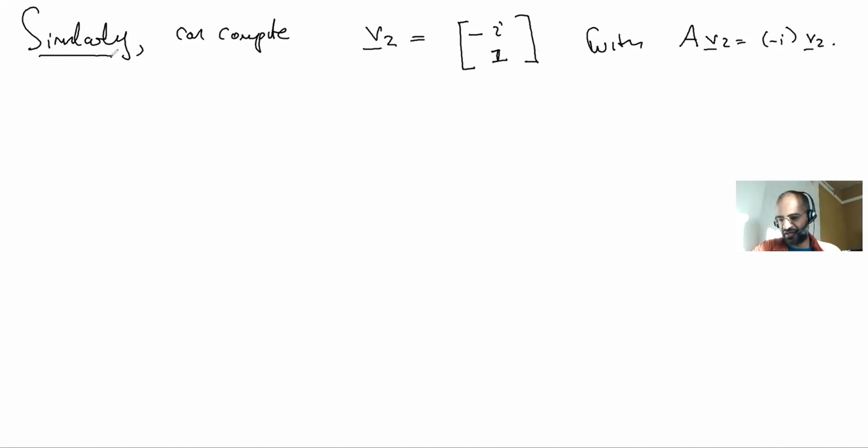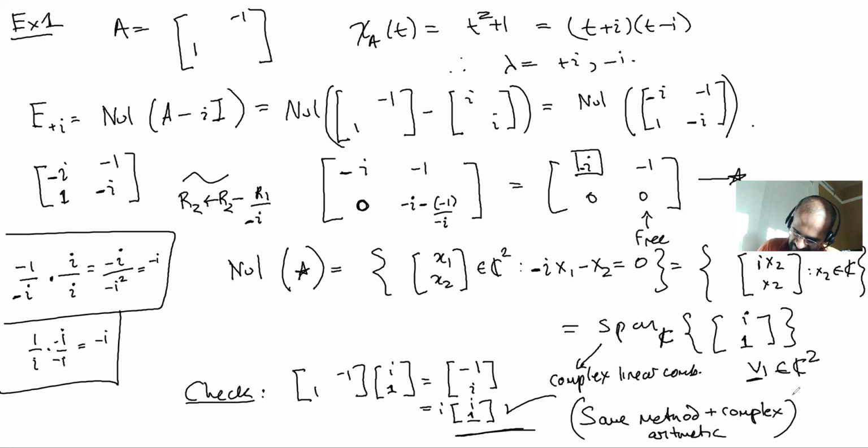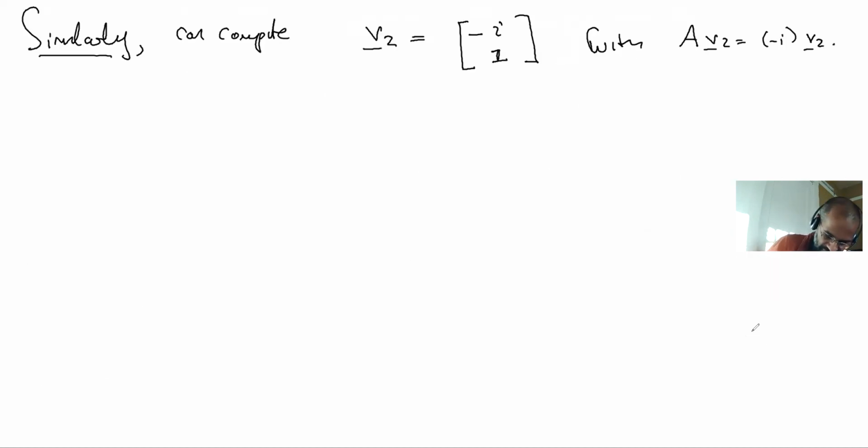But there's actually a shortcut here. This is a general fact that comes up when dealing with complex matrices. The pattern here is that this vector V2 is very similar to V1, except I just flipped the sign on the i, right? And in fact, the eigenvalue is also the same as lambda 1, except I flipped the sign on the i. And that's not a coincidence.